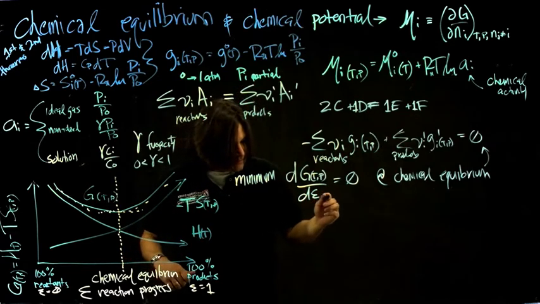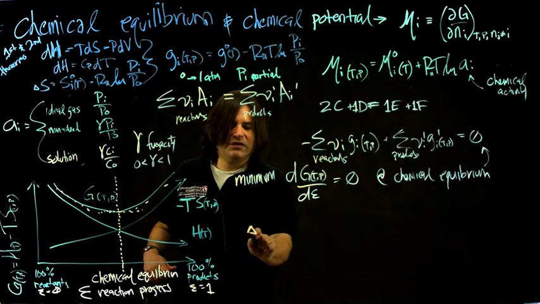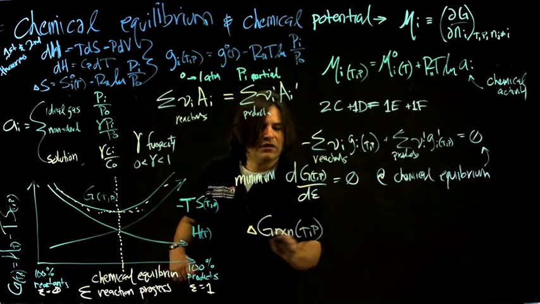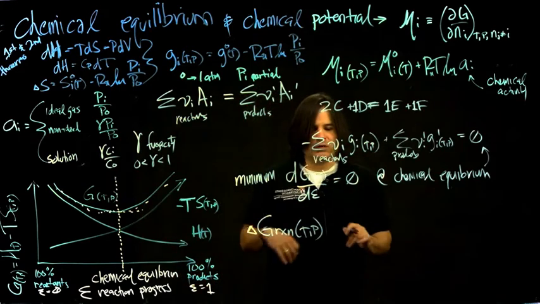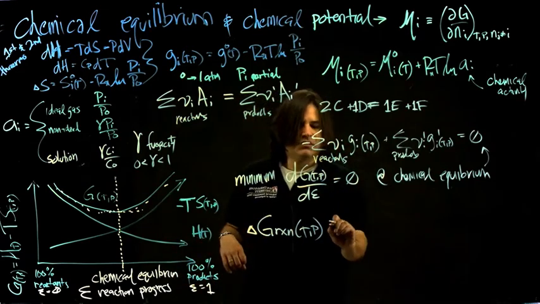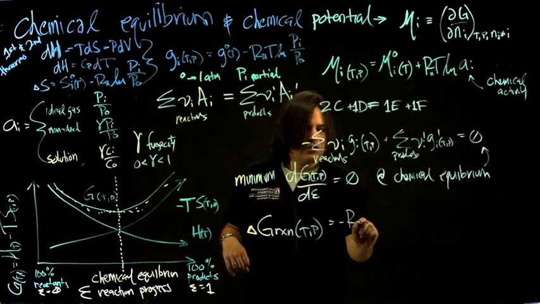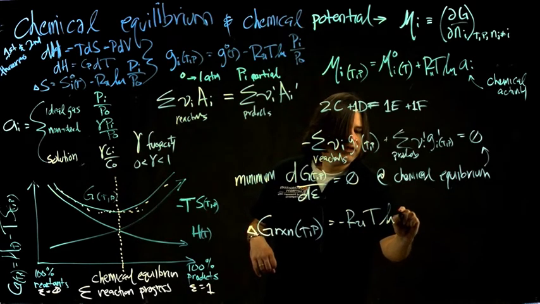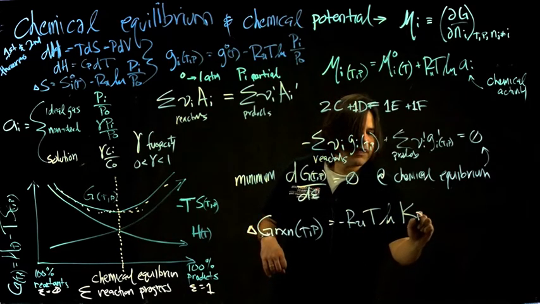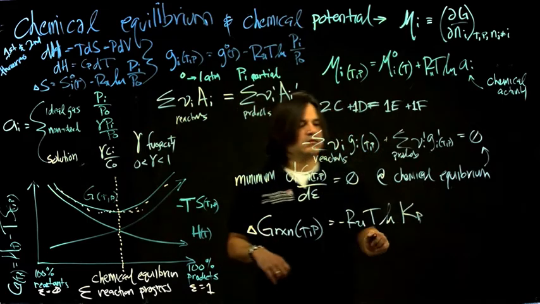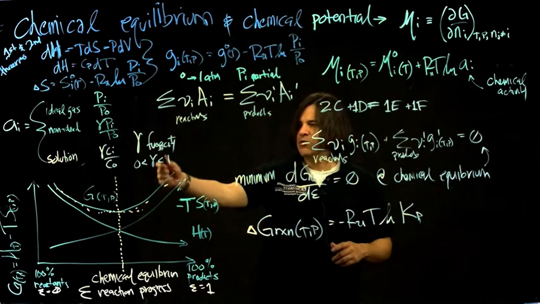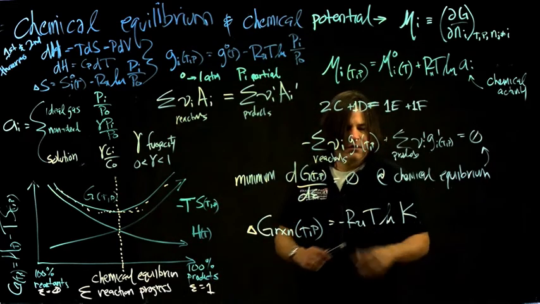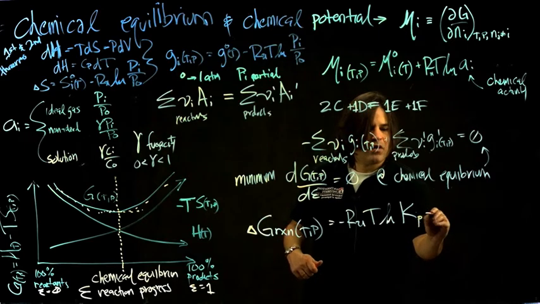We can say that, skipping some steps, if we had a reaction at some temperature and pressure, the Gibbs free energy change of the reaction at equilibrium equals negative R, related to the ideal gas constant, times this ratio here. And in terms of gas phase, times Kc or Kp.